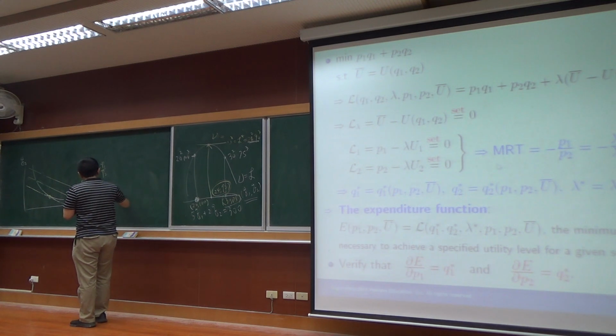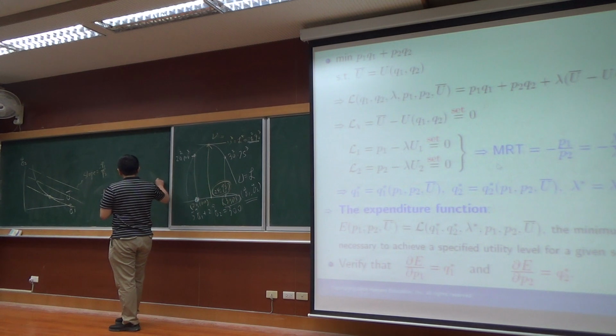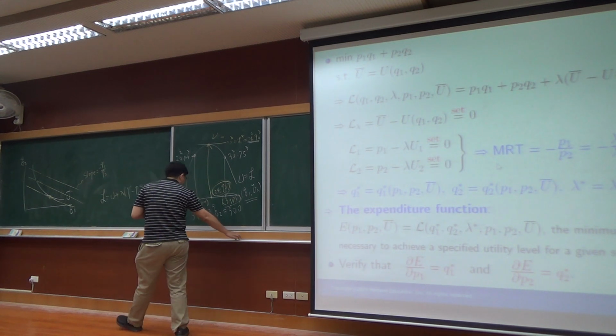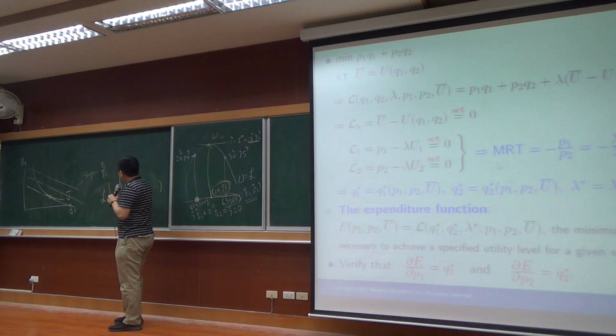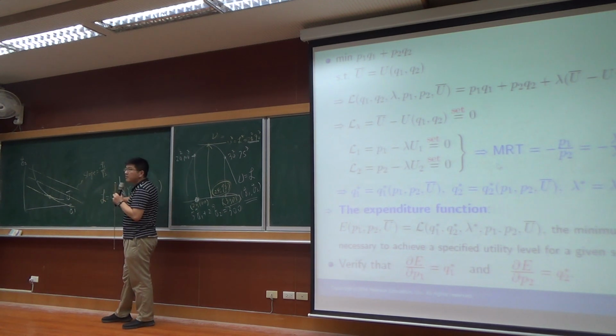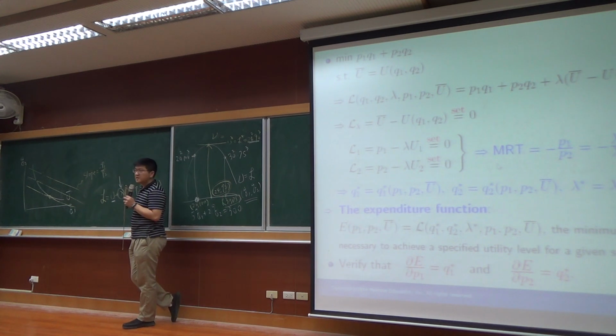Remember, let's recall this. Lambda here is the marginal utility of an additional y, an extra income. The reason why it is the marginal utility is because our objective is utility. Okay?